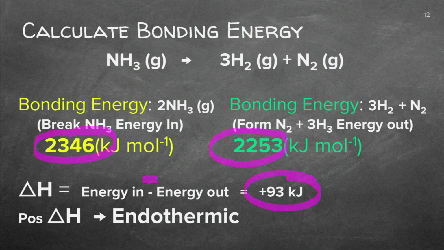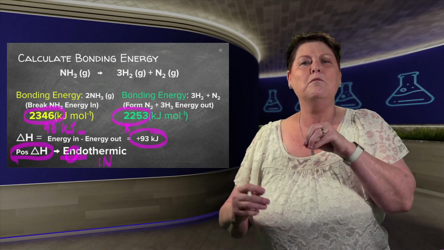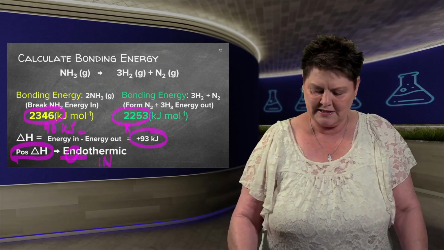I put in 93 kilojoules more this side than this side. Therefore, it will be a positive, it's a gain of energy. It's a gain of heat. I put in more than what was released. Therefore, it's endo. Endo, in. I put in 93 more than was released.